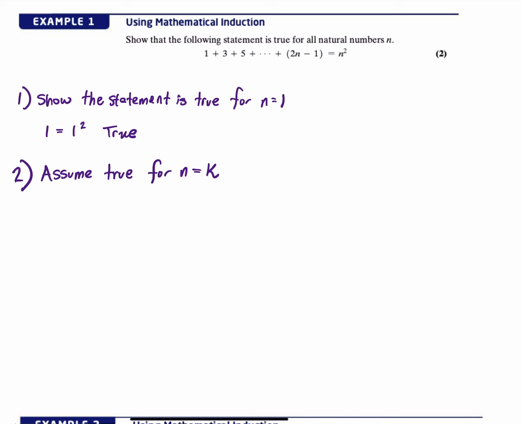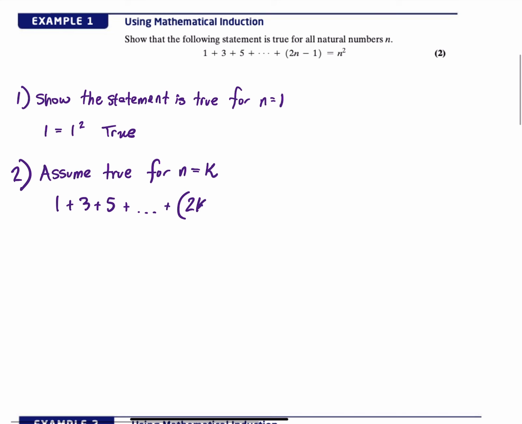And by saying this, what I mean is we'll plug in k for n: 1 plus 3 plus 5 plus, the pattern continues until we get to 2k minus 1. And we're going to assume that this is equal to k squared. So we're just plugging in k for n, and we will assume that this is true.